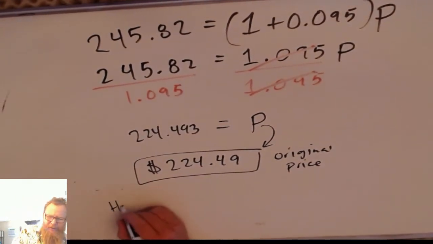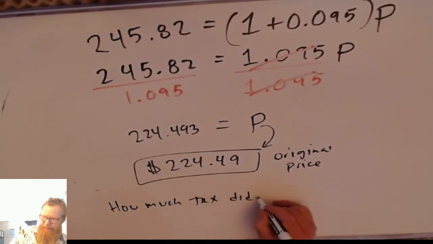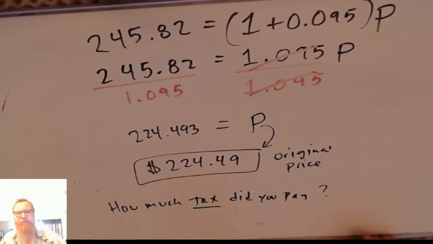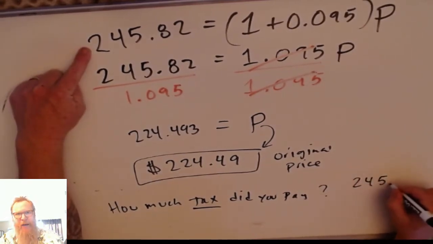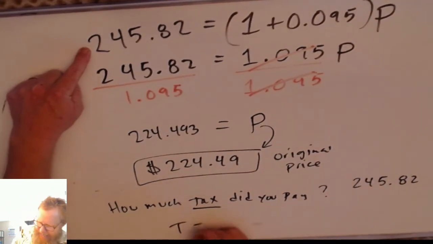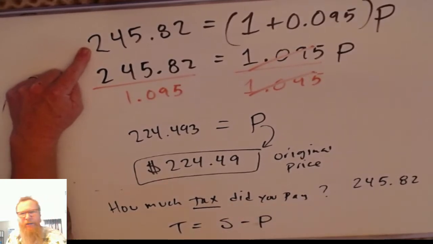Just a side question: how much tax did you pay? Well, $245.82 was the selling price. Remember, tax is the selling price minus the original price.